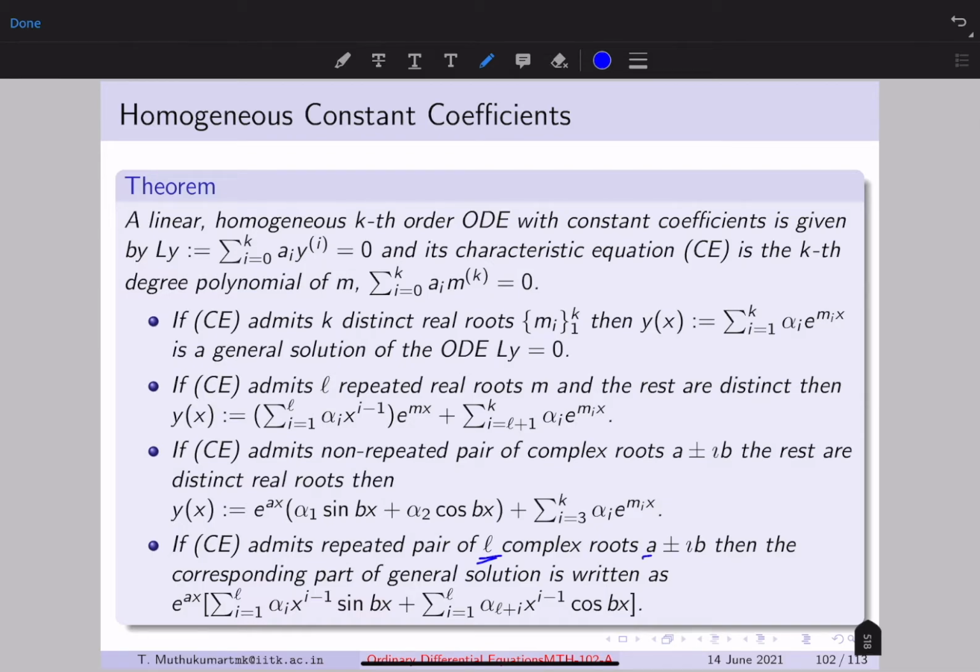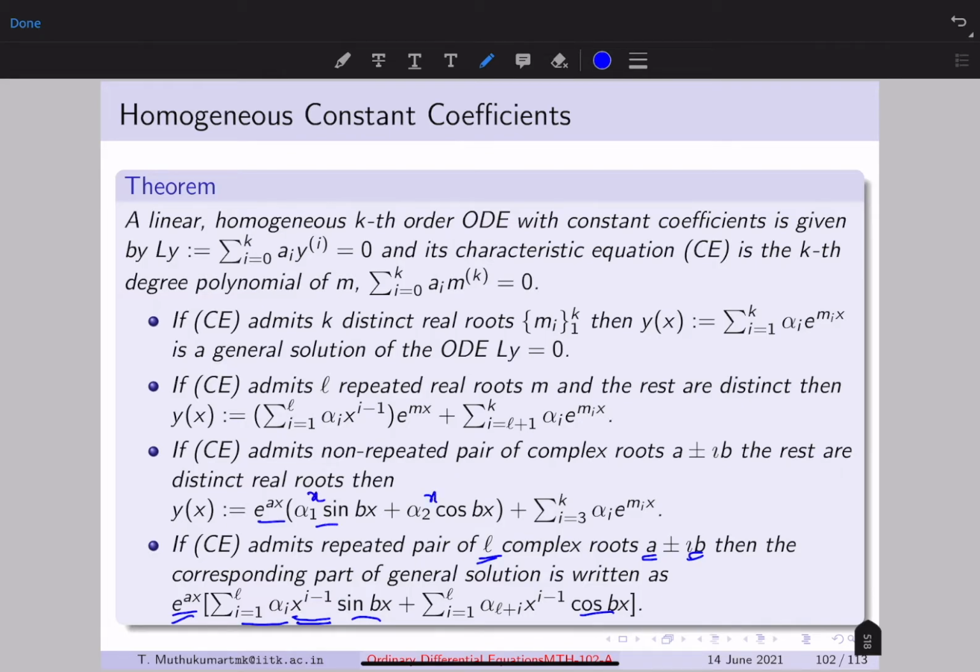So the real part a appears like here as e power ax, and the imaginary part b appears as sine bx and cos bx. It's a linear combination of that, right? But now since they are L repeated roots, you have a linear combination up to x power L minus 1. So i equal to 1 means x power 0, which is this situation. Then you multiply by x here.